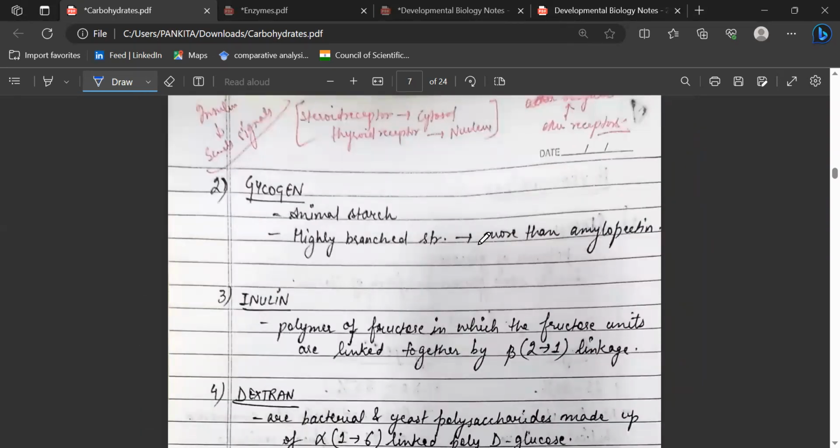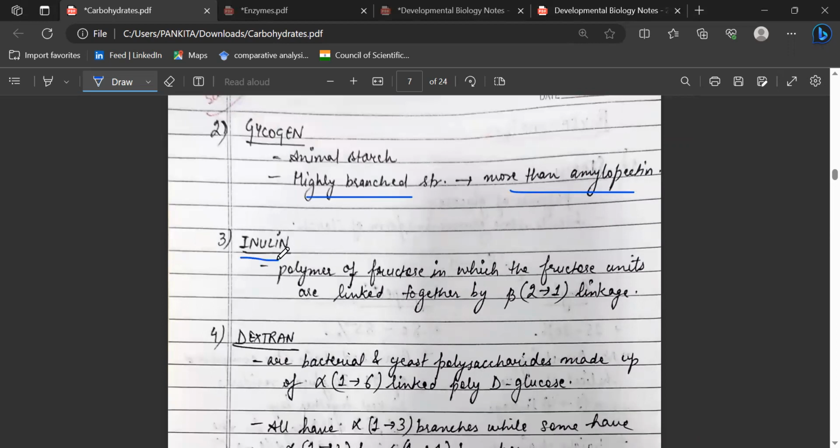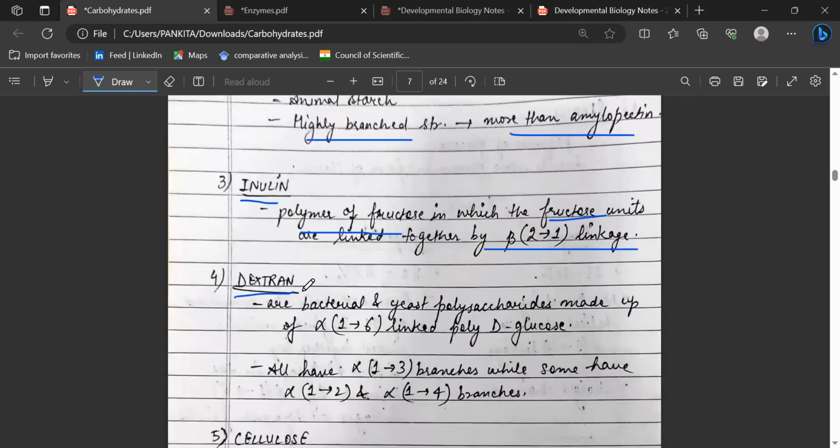Next polysaccharide is glycogen. Animals store starch in the form of glycogen. It is a very highly branched structure, even more branched than amylopectin. Inulin is another polysaccharide. It is a polymer of fructose, and fructose units are linked together by beta 2,1 linkages. Next polysaccharide is dextran.